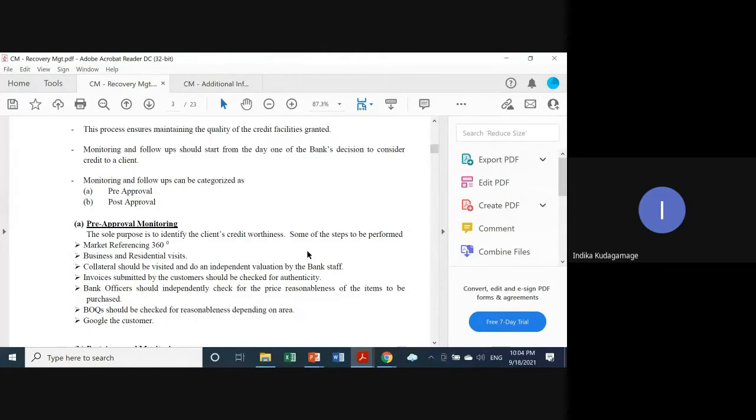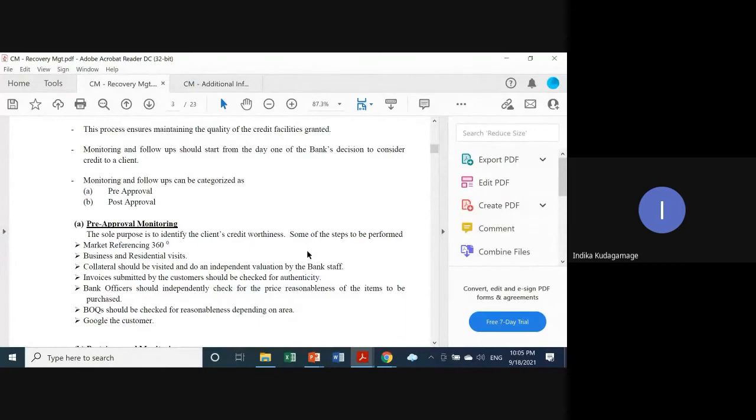So different references, business and residential visits, collateral visits, invoices submitted by the customers, and authenticity. Especially whatever documents they provide, we should check the authenticity, because we have found so many malpractices customers are doing, right?